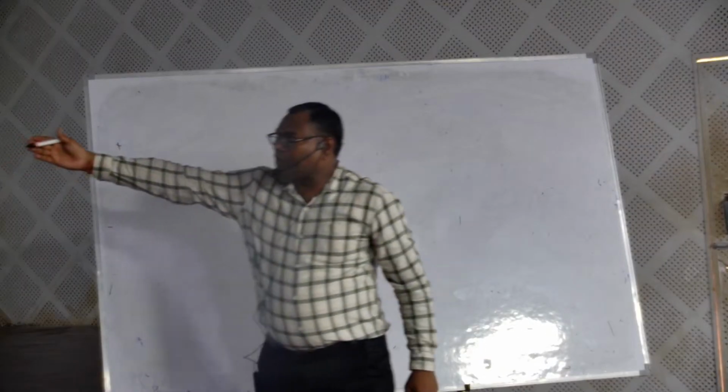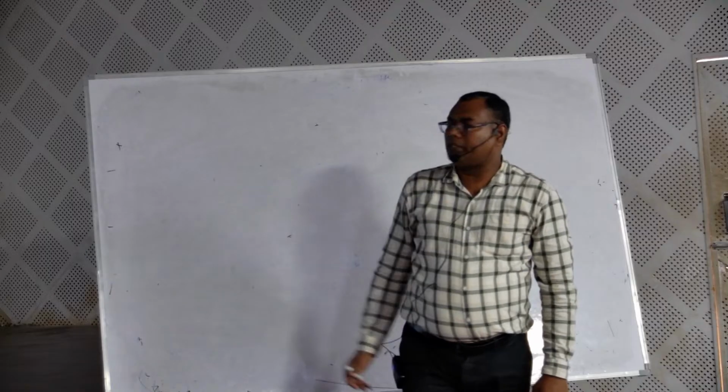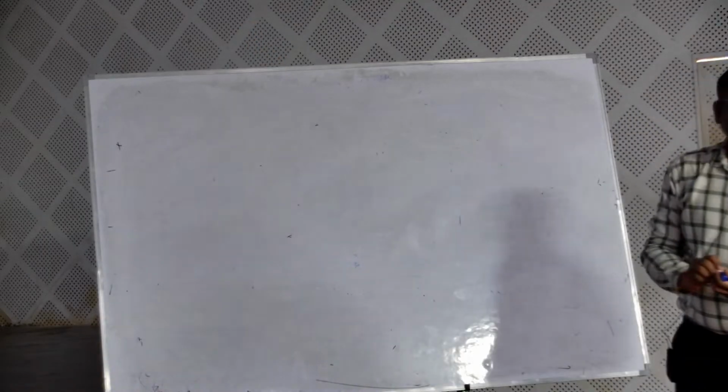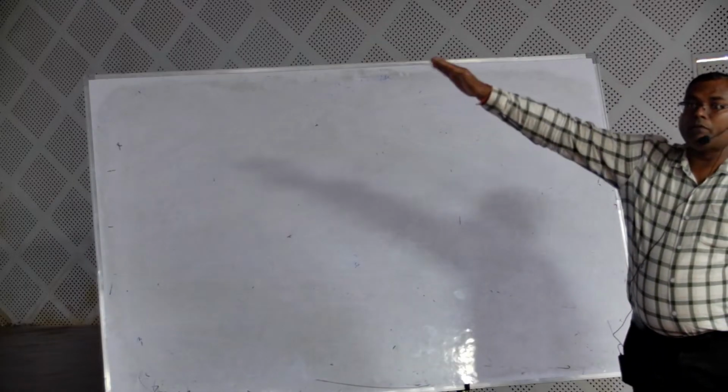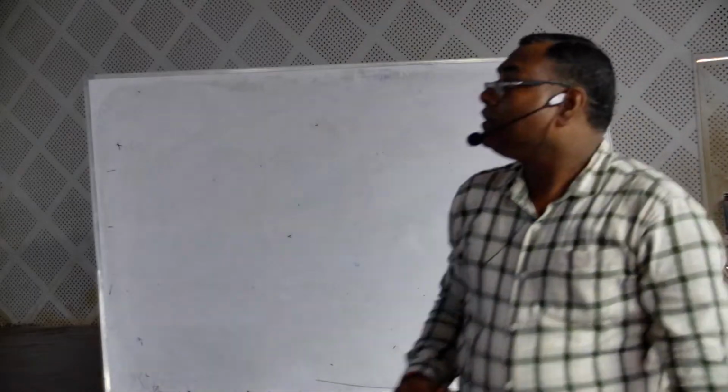You can note down this one directly, please. That way you can reduce the time for solving I1, I2 by Cramer's rule. Wait, stop there, you can note down this one.